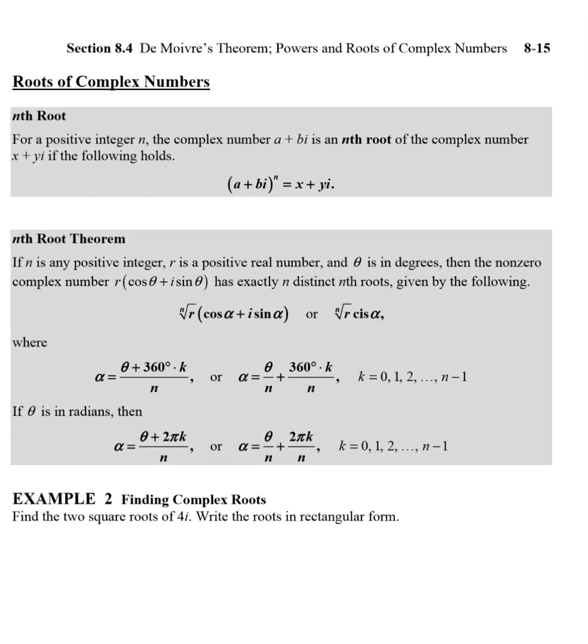Roots of complex numbers. Let's first look at what we have learned so far in algebra. You know that the square roots of 9 are 3 and -3, because 3 squared is 9 and -3 squared is 9.